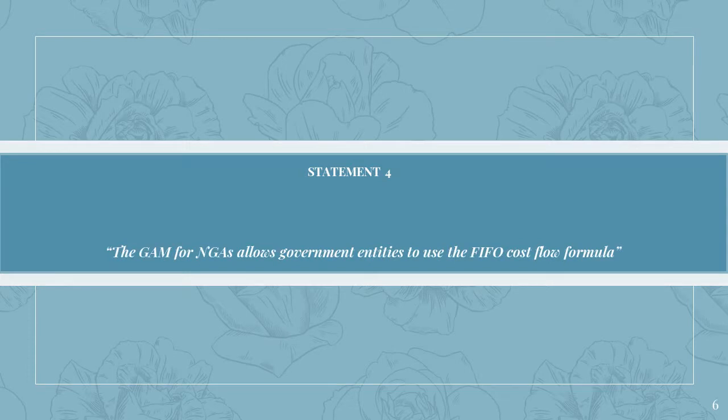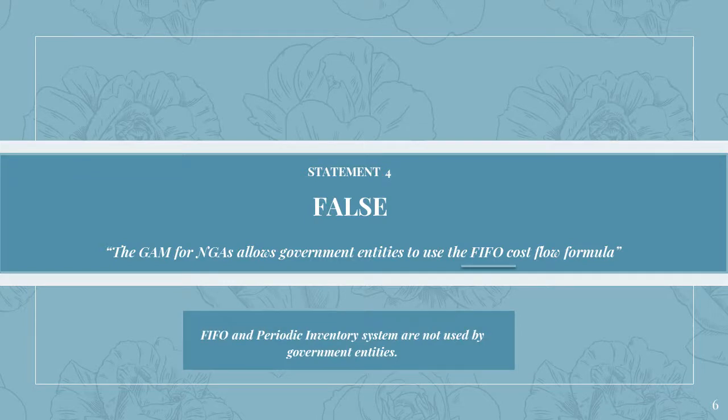For the fourth statement, the GAM for NGAS allows government entities to use the FIFO cost flow formula. This statement is false because of the phrase FIFO cost flow formula. The reason is that FIFO and periodic inventory system are not used by government entities.